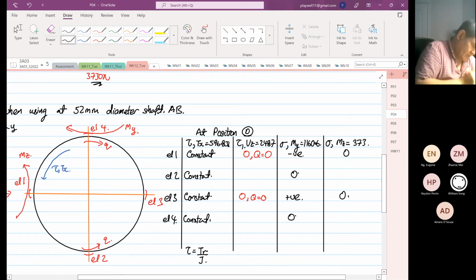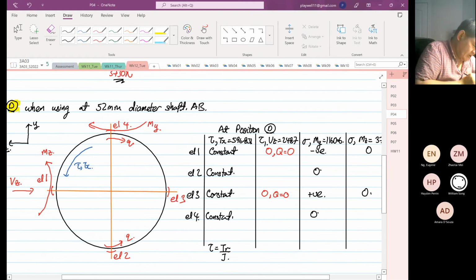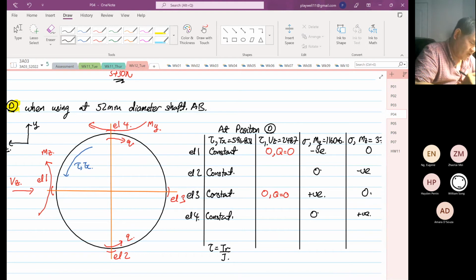Right. And then what we have is element 4 is going to be in compression mode. Over here will be in tensile mode. Okay. So for this case, we are going to look at element 2 and 4. Sorry, we are going to see whether we should use element 2 or 4.